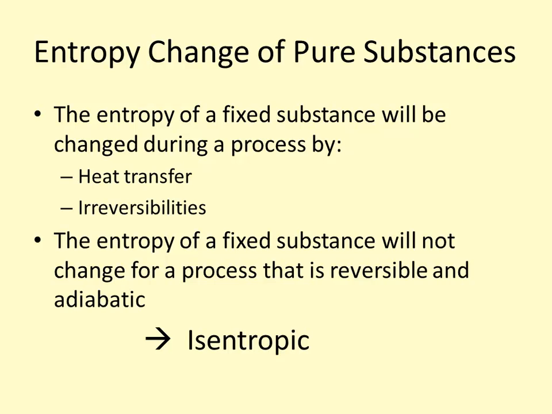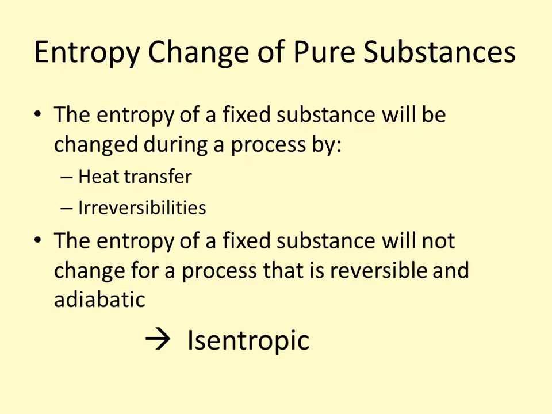So just by way of review, for pure substances, the only way that the entropy in the system can change is if there is heat transfer or if there's irreversibility. Last time we defined a new term called isentropic, which means that if the process is adiabatic and reversible, then the entropy will not change.